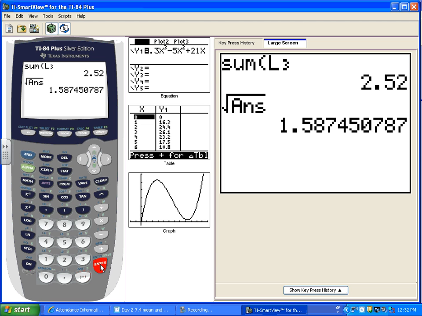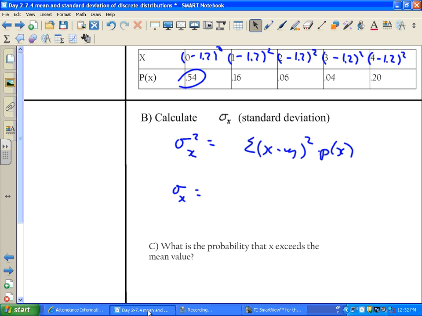And that is your standard deviation. What do we got? 1.5875. Quick point about 4 decimal places, people.